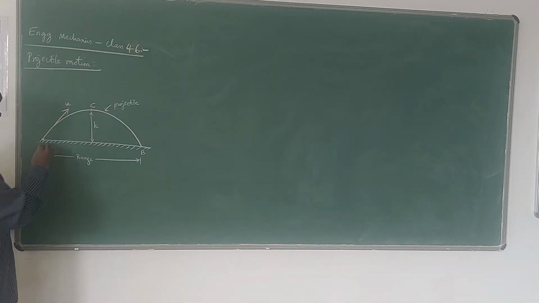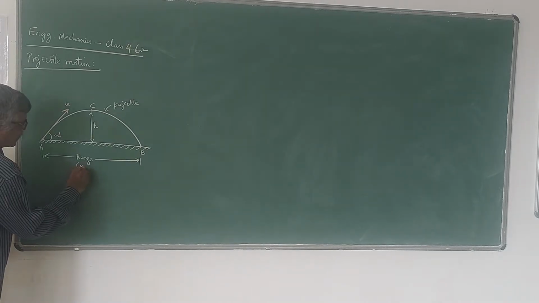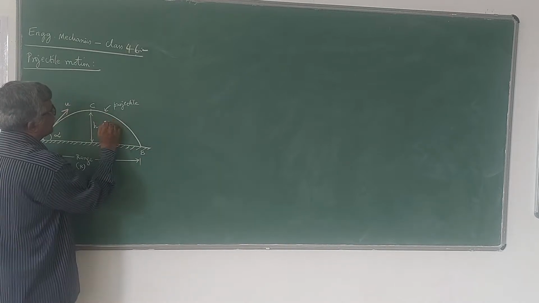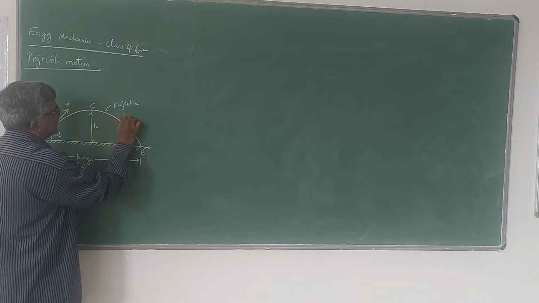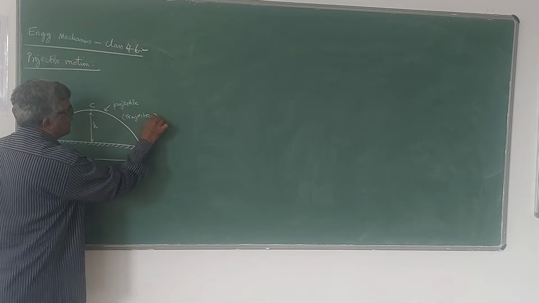Now, let us take this angle as alpha. So this alpha is called the angle of projection. These are the things we have to keep in mind. The path traced by the projectile is called the trajectory.